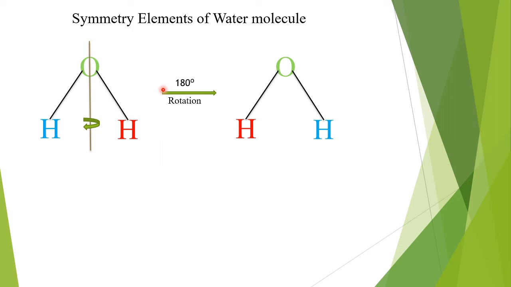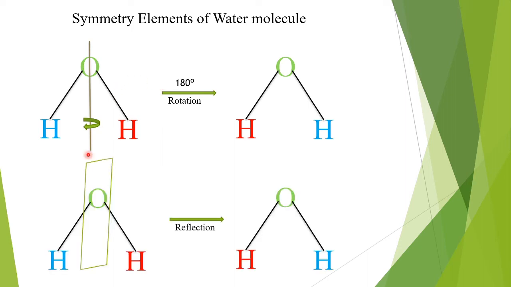Okay, the first plane is the plane passing through oxygen and bisecting the angle between the two hydrogens. Here it's being reflected and it gives a similar appearance, with the hydrogens having changed position. The reflection of the red edge has gone to the left-hand side. The reflection of the blue edge has come to the right-hand side.